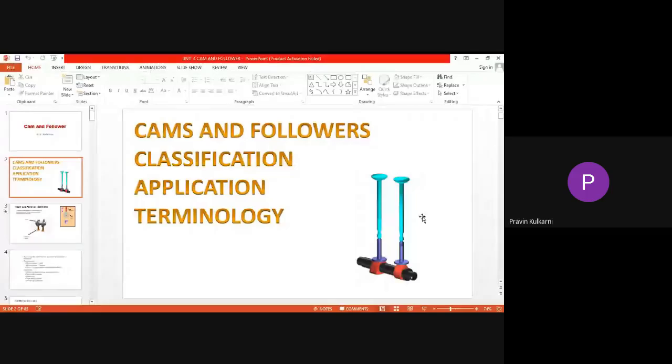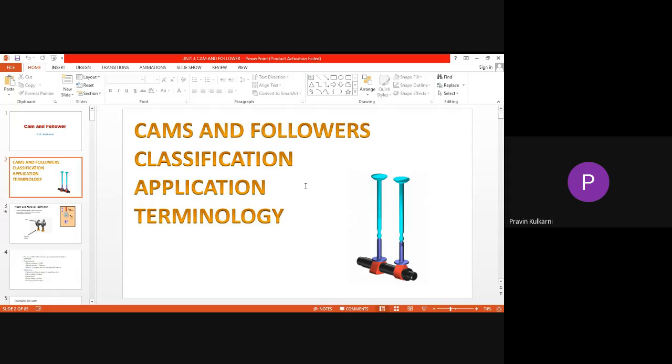Next one is cam and follower. Just a minute. Cam and follower. Now, similar to gears, the terminology of cam and follower should be studied.